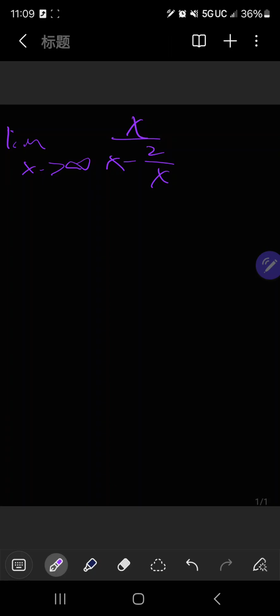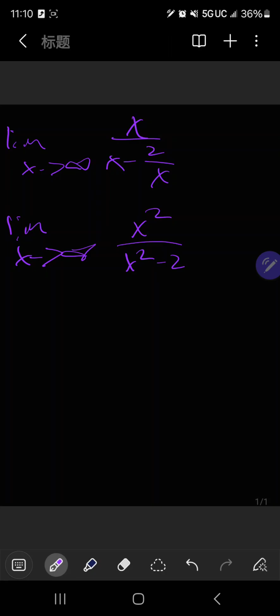So what does that mean? If it's approaching infinity, it's the limit as x approaches infinity of x squared over x squared minus 2, because we're approaching infinity for both.